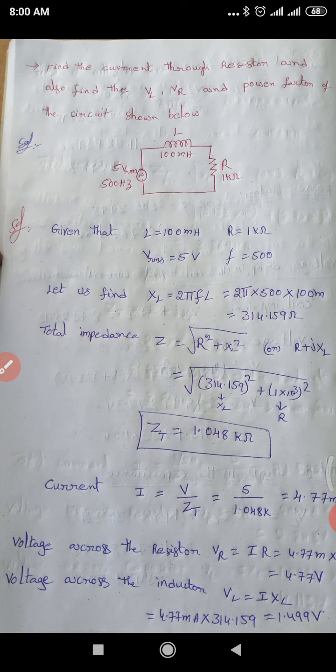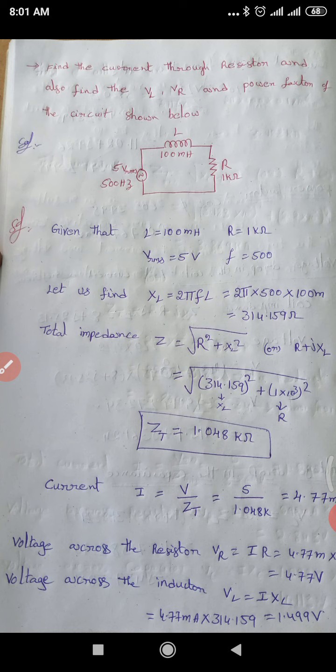If you check these, we get the same value, 5 volts. If we are not getting the same value, it means some mistake has been made in our problem. So that's why it is better to cross check in the exam.